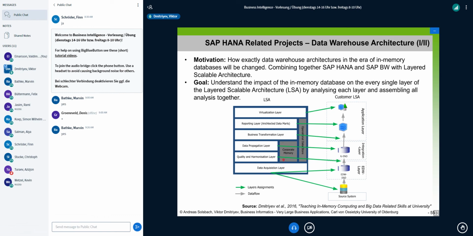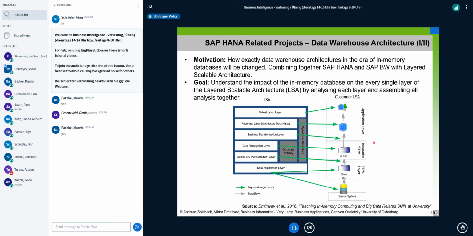Then you have corporate memory and the operational data store, ODS. Fancy names, but if you go back to the slides with the modern architecture, you can find all the layers there as well. And this is exactly the mapping to the InfoCubes that are used inside SAP.